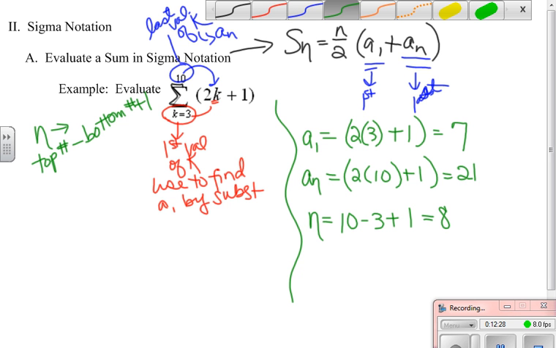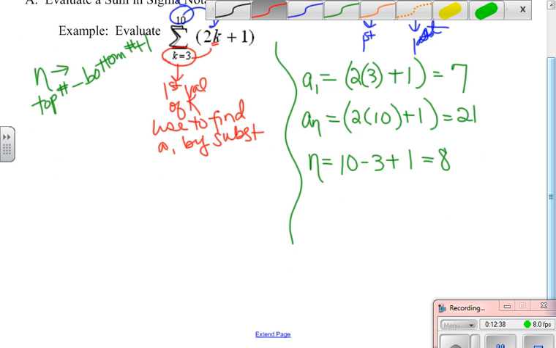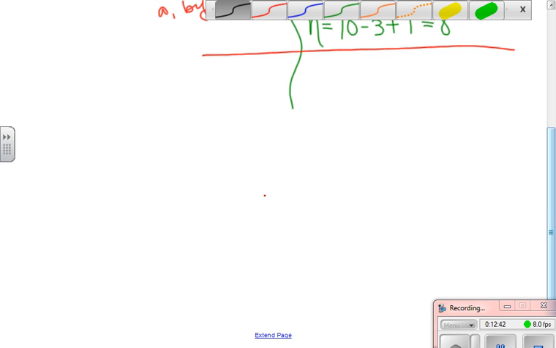So now I can go ahead and actually find the sum, because I have all of my pieces now from that formula. So the sum is what I want, S of n, and that's equal to n is 8 divided by 2 times my first term was 7, my last term was 21.